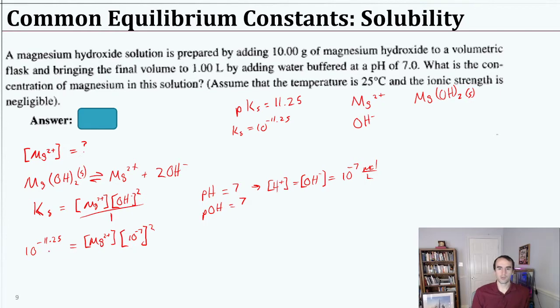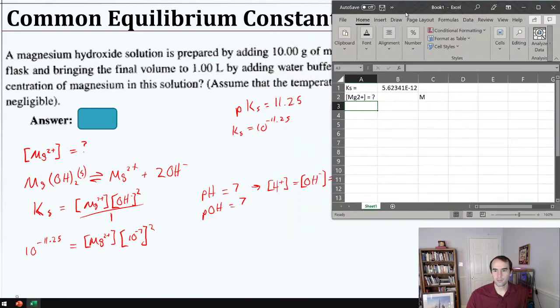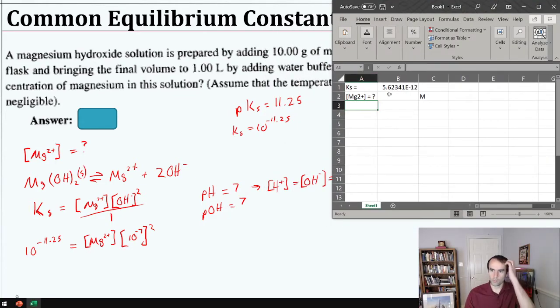Okay, so then we can solve that. I'll do that in Excel real quick. We know that the OH- concentration is equal to 10 to the minus 7.